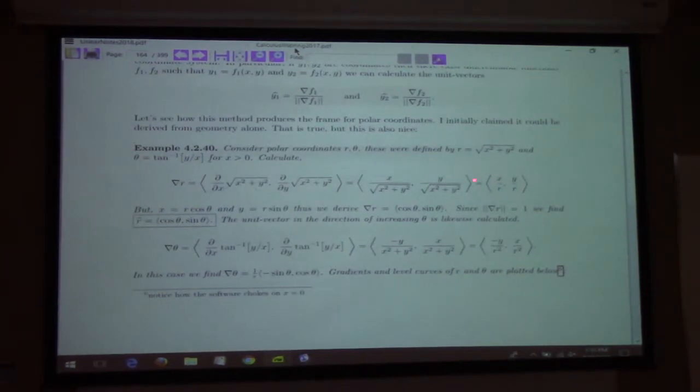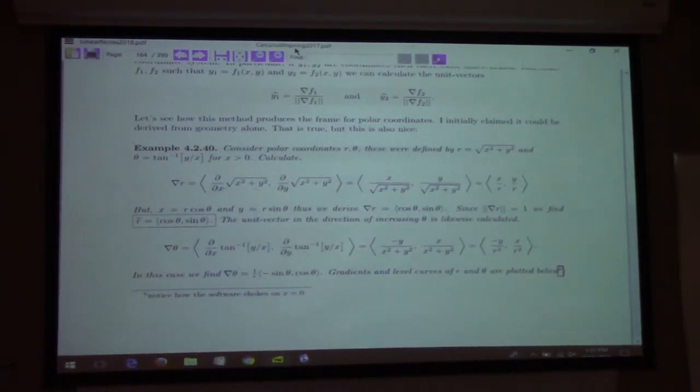That has length 1, doesn't it? What's the length of x over r comma y over r? Square root of x over r squared plus y over r squared, which is x squared plus y squared over r squared, otherwise known as r squared over r squared, otherwise known as a vector of length 1. This already has length 1. On the other hand, the gradient of theta has length 1 over r, so you have to divide by r in order to give it length 1.